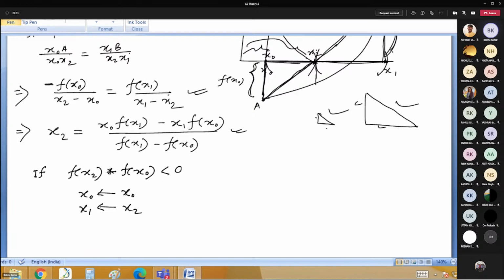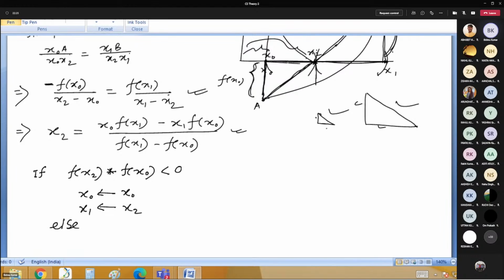So again you will rename by x0 and x1 again and again. After calculating the updated point, it will replace the upper or lower boundary point, and I am getting a smaller subinterval again and again. If this condition happens, this; else, but in this graph this condition is not happening here.